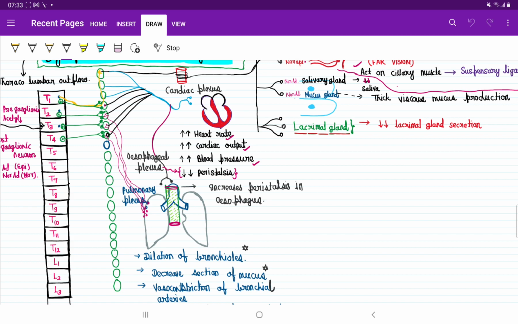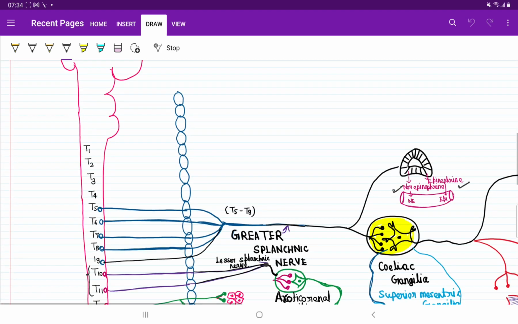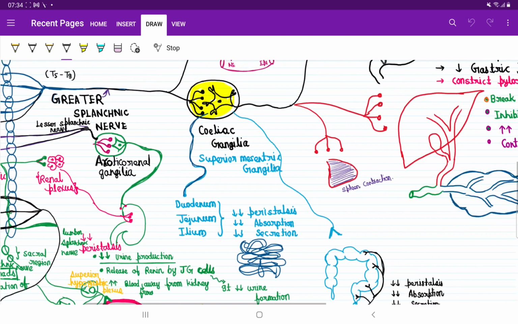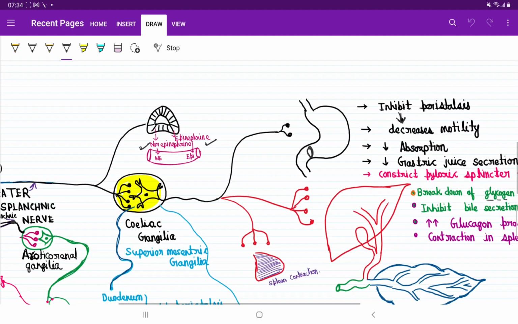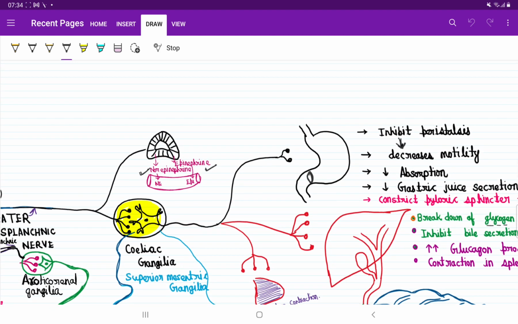They will dilate the bronchioles, not constrict them. They decrease bile secretion, decrease secretion of the large intestine and small intestine, cause ejaculation of semen, and cause contraction in non-pregnant women.